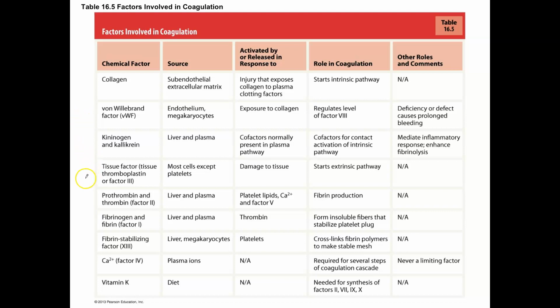So here we have things like prothrombin, fibrinogen, fibrin stabilizing factor, and calcium that's involved in blood clotting. So there's a lot of different things listed. Here's tissue factor listed on here. There's a lot of different chemicals listed as a nice quick summary for what's going on in that coagulation pathway.